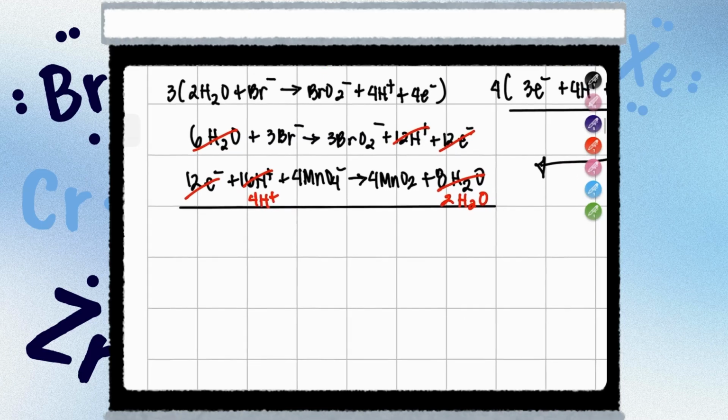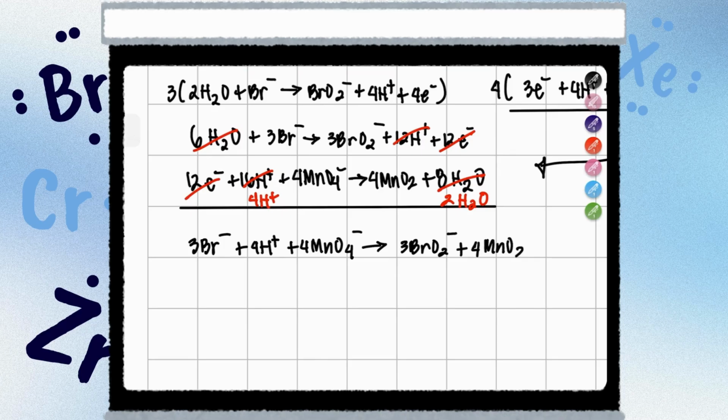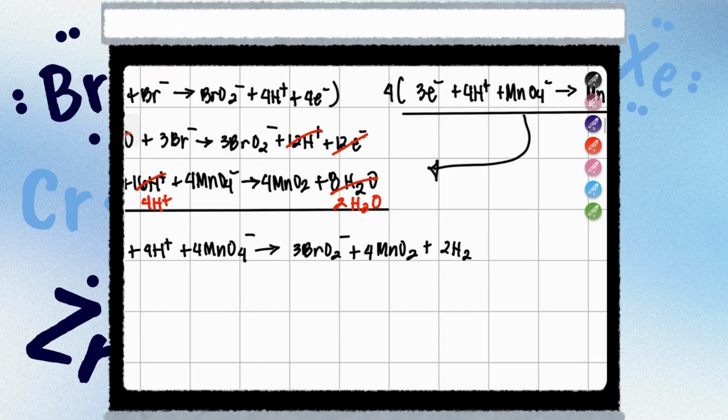So now we can write the final equation, which is 3Br minus plus 4H plus 4MnO4 minus. And then 3BrO2 minus plus 4MnO2 plus 2H2O.